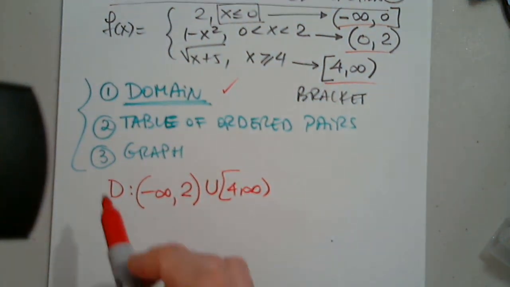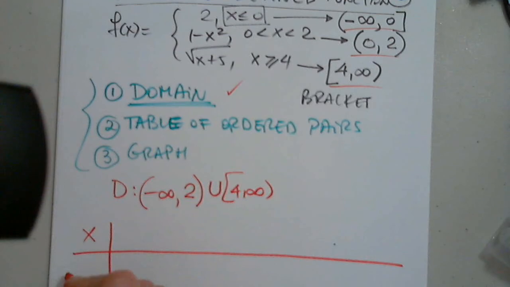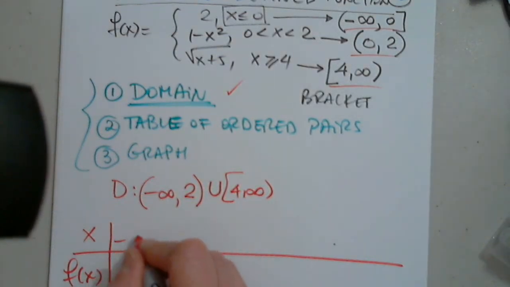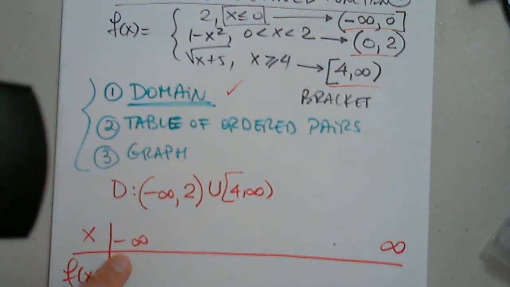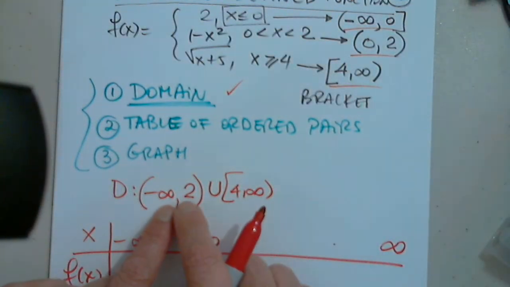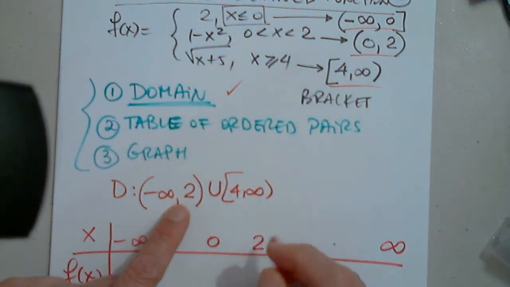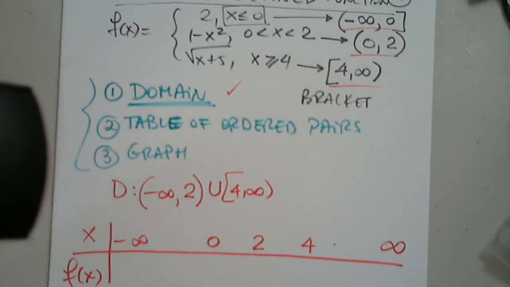We are continuing with the table now. I have to have negative infinity, infinity. I have to have 2 in the table. 0 is a must, always. I have to have 2, and I have to have 4. Are you with me so far?